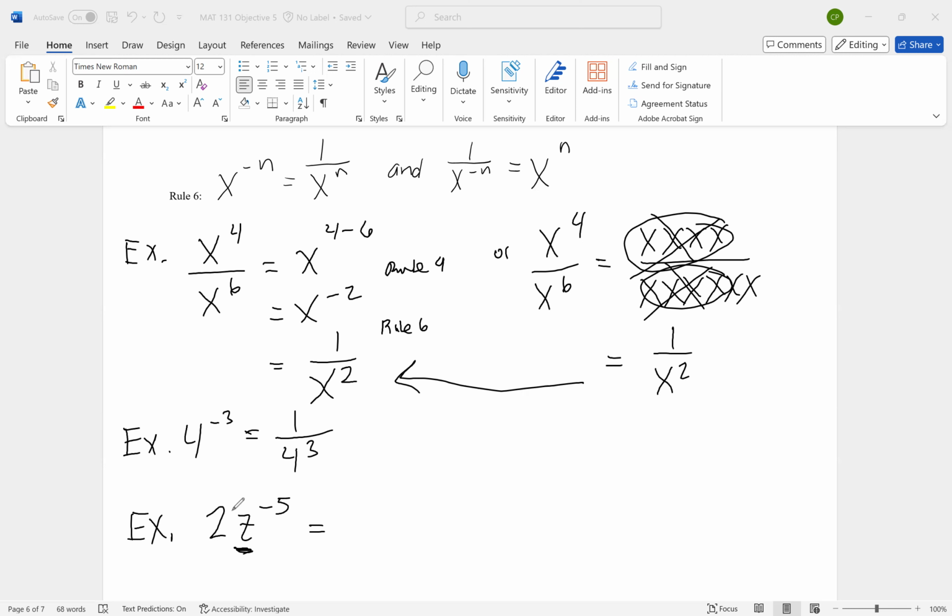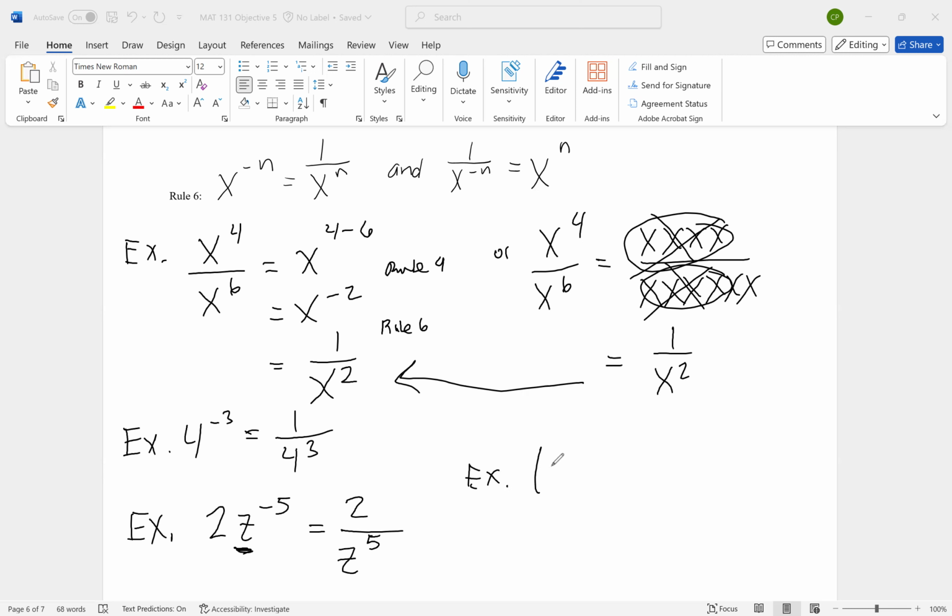The z is the only thing that is to the negative 5 power. So we do not have to move or mess with the 2. So we will leave the 2 in the numerator, and we will just put the z to the 5th in the denominator.